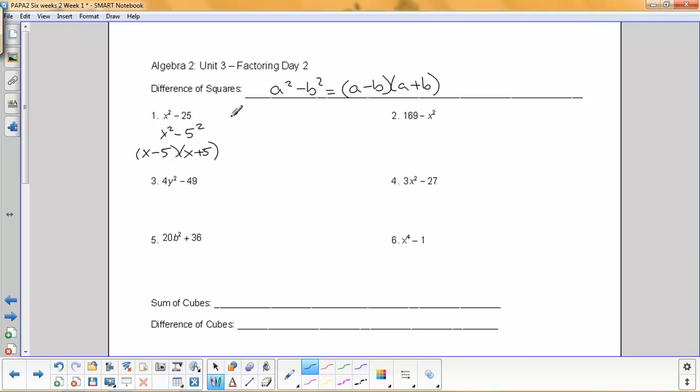Without the shortcut, you simply rewrite it as x squared minus 0x plus 0x minus 25. Split the middle term, or a times c, 25, split the middle term, x squared minus 5x plus 5x equals minus 25.